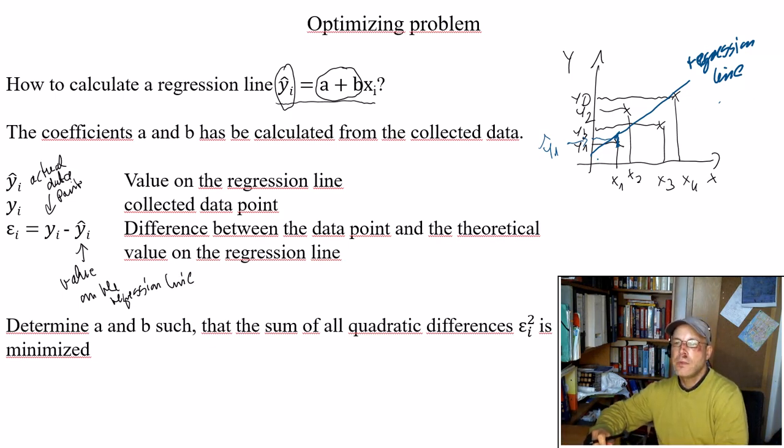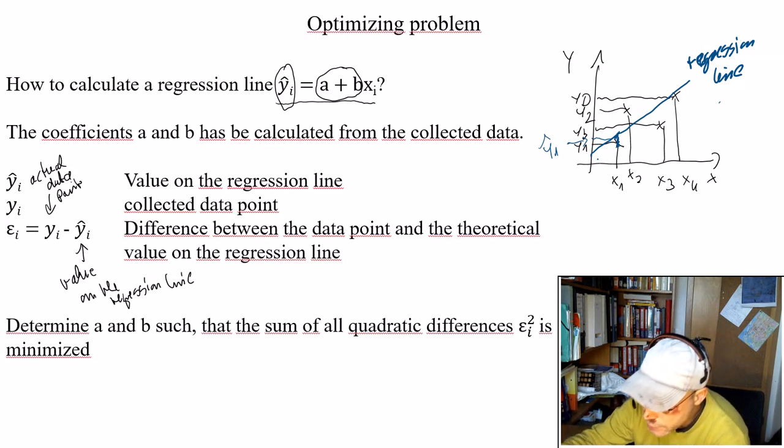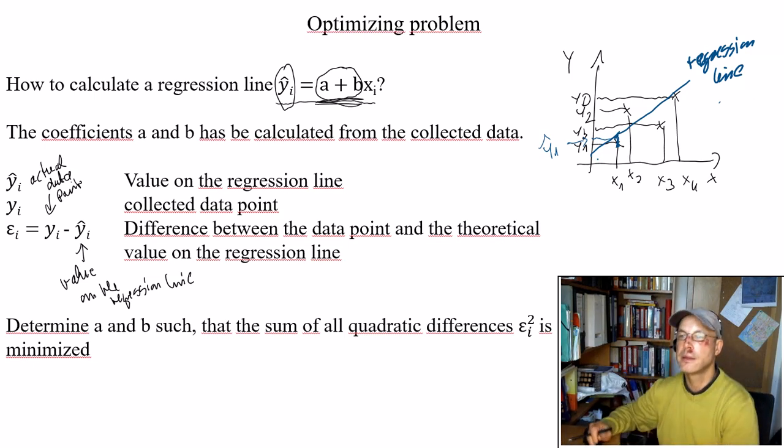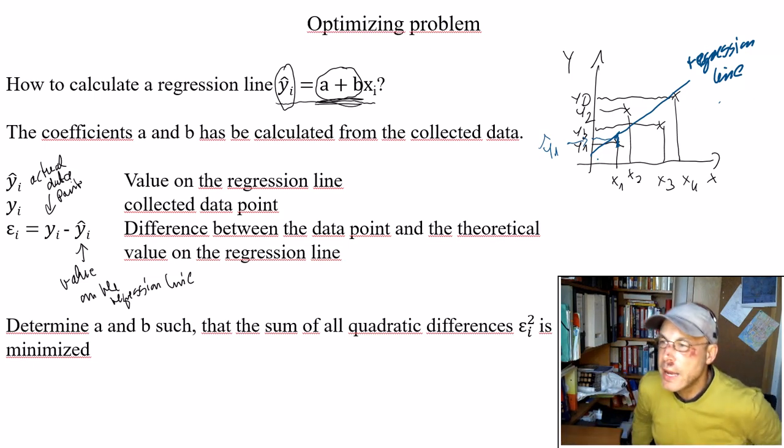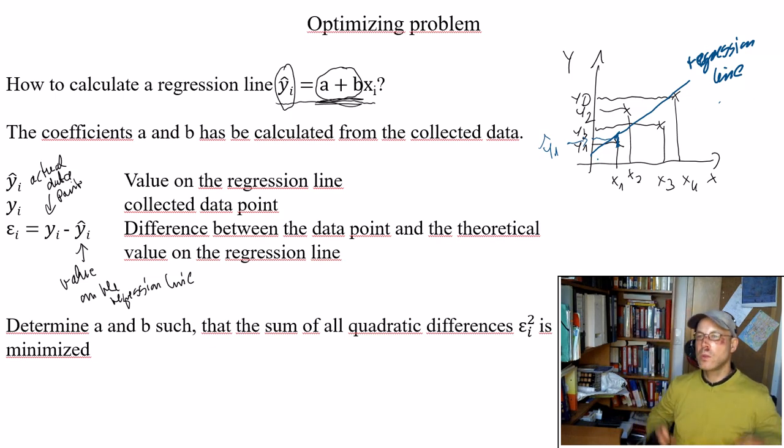And this then we call our error when we are estimating our regression line. Well, and now what we are doing is that we want to find the best regression line, so an estimation for a and b. And our aim would be that we want to minimize the sum of all errors.